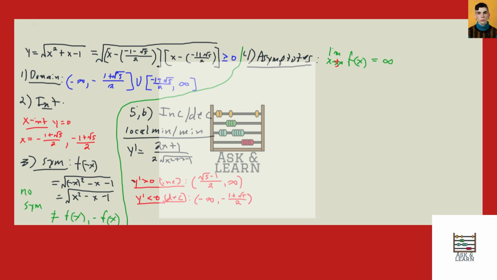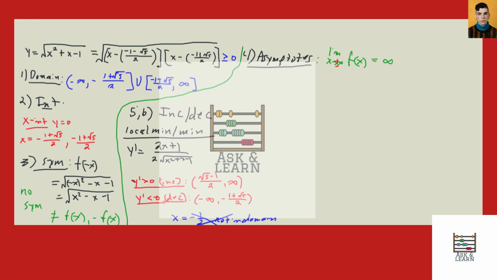So before we found that x is equal to -1/2 is a possible maximum or a minimum. But if we look at this value, it is not in the domain.